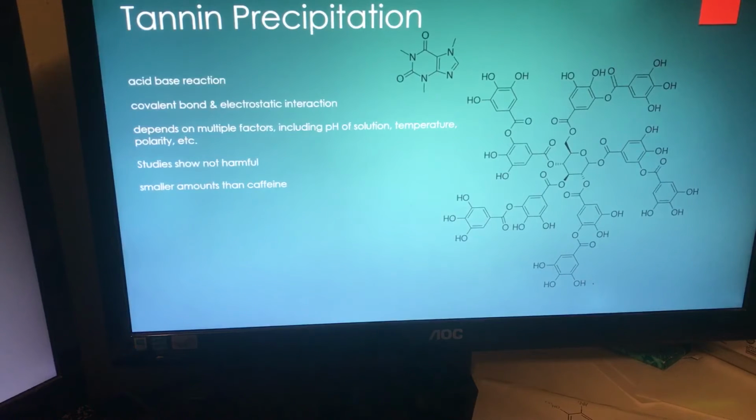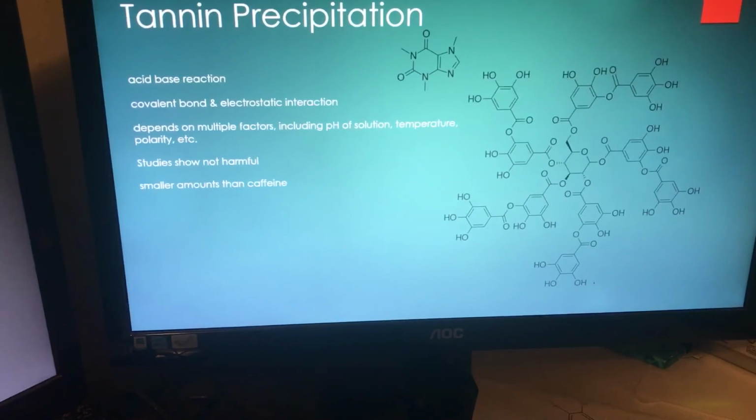And there are actually very small amounts of the tannins compared to caffeine in a cup of coffee. One study published by the National Center for Biotechnology Information averaged about 17.5 milligrams of tannic acid per gram of coffee bean, which calculates to a molarity.